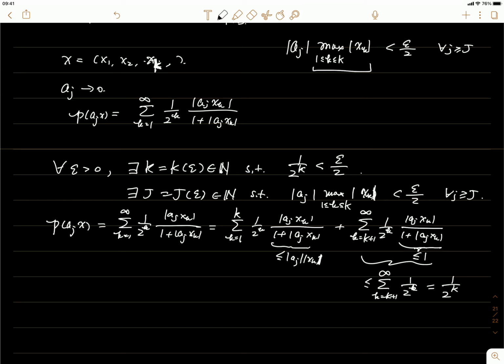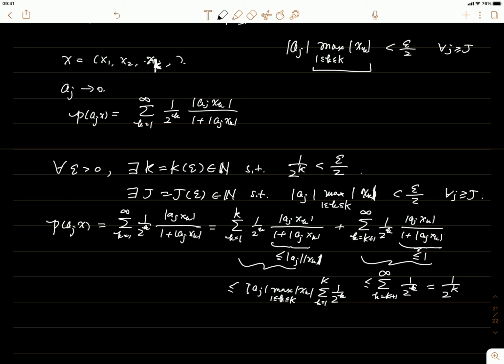And I know that this must be less than or equal to the aj times the maximum of them, because each xk must be less than or equal to the maximum among the first K terms. And then sum 1 over 2 to the k, k is from 1 to capital K. Okay, I know that.